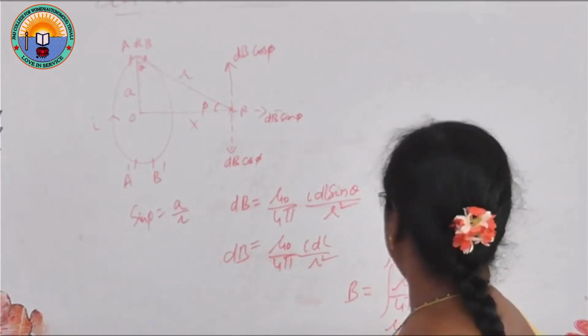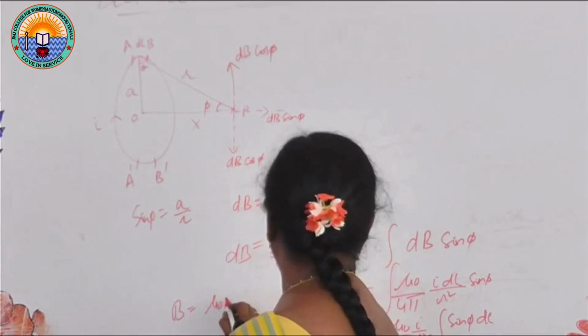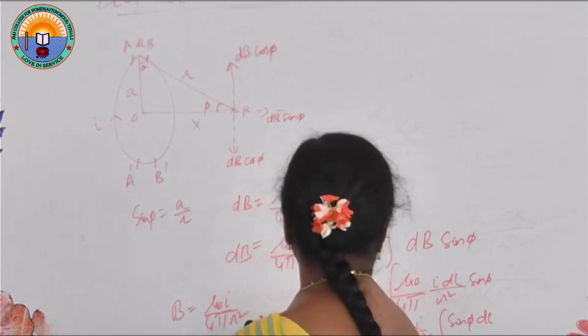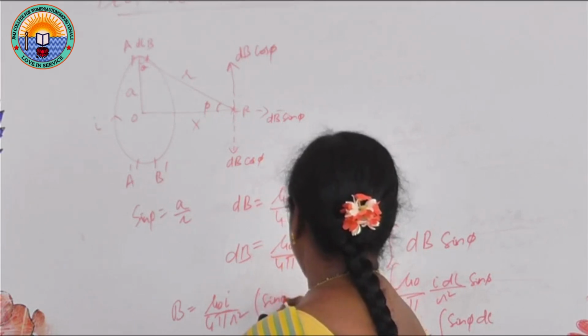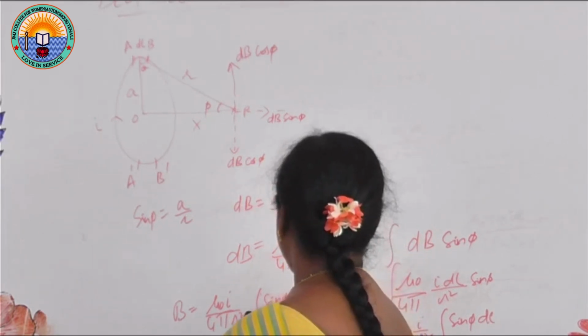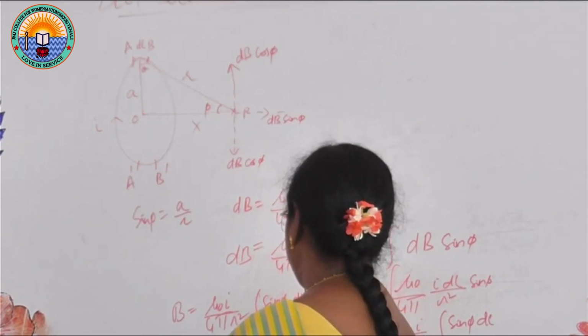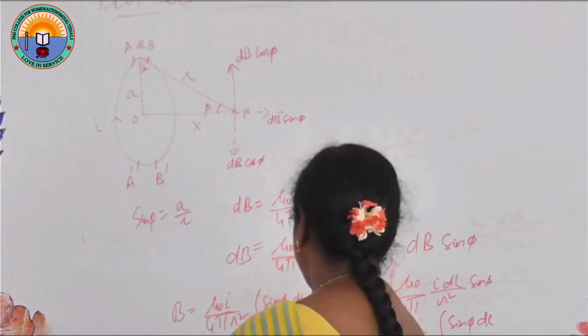So substituting this value, B is equal to mu naught I by 4 pi r square integral sin phi dl. Sin phi value is a by r, so B is equal to mu naught I a by 4 pi r cube integral dl.